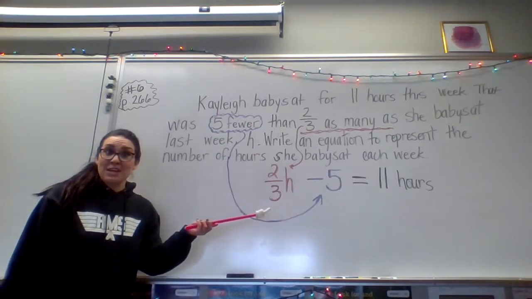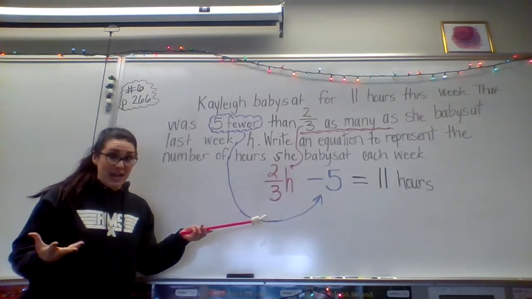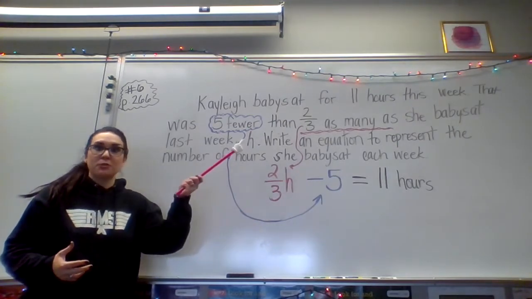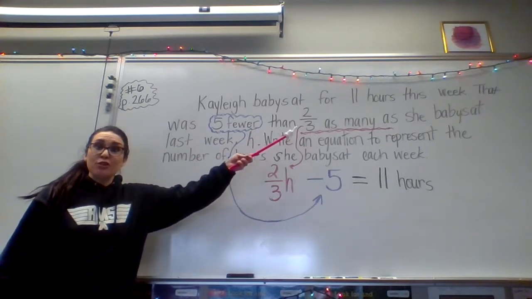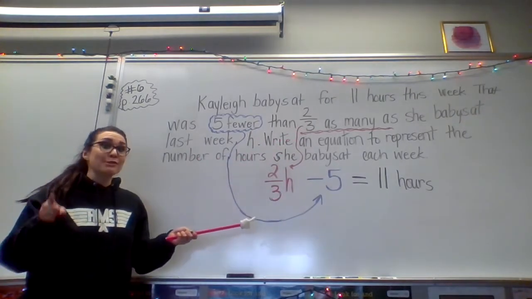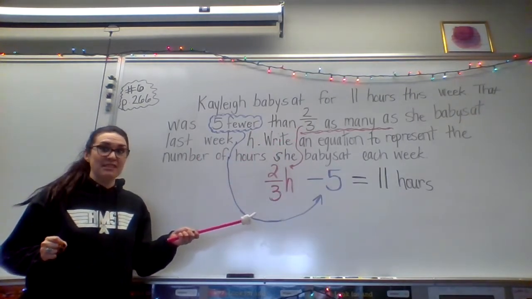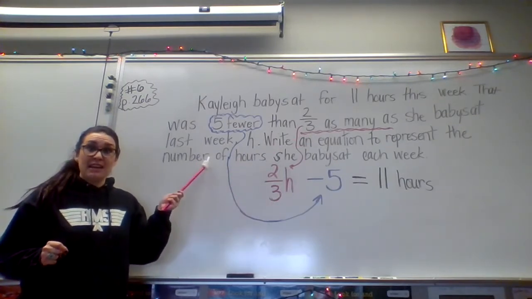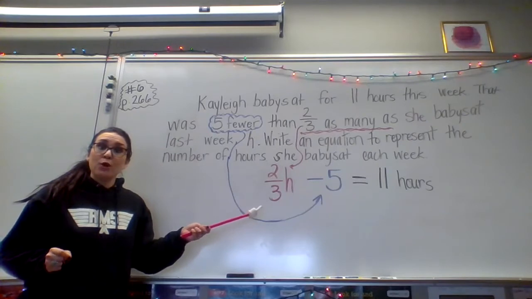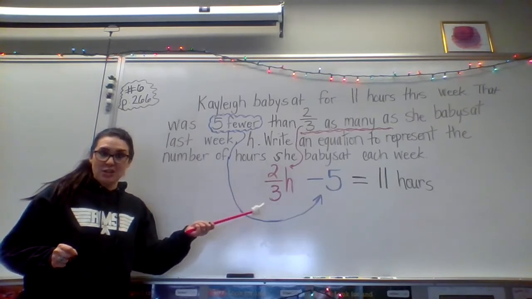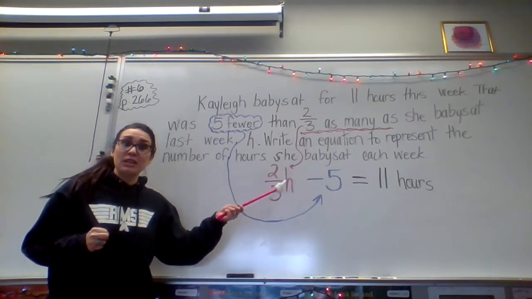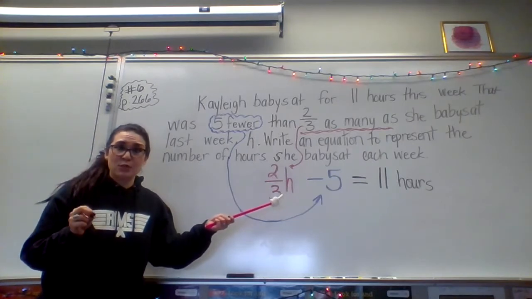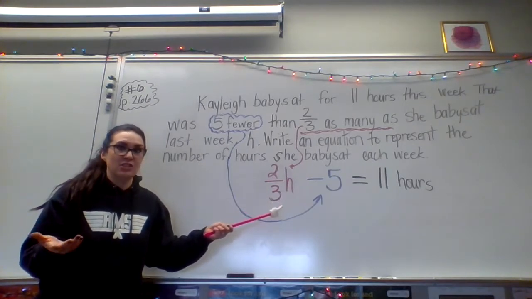So, my friends, we can use this algebraic equation to represent this whole situation, right? So the 2/3 as many, we're going to use multiplication to get that piece, right? So it's 2/3 times H, H being the number of hours. Now remember, when you have a coefficient like this fraction, and it's next to a variable like this H, and there's no sign in between, that actually means multiplication, right?